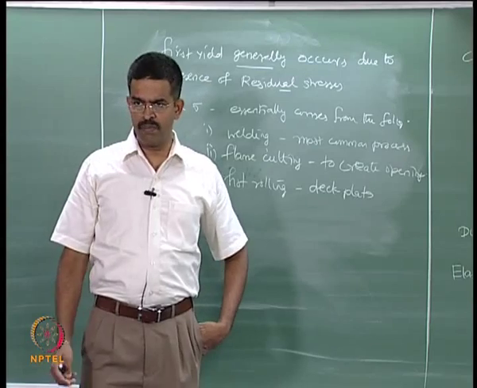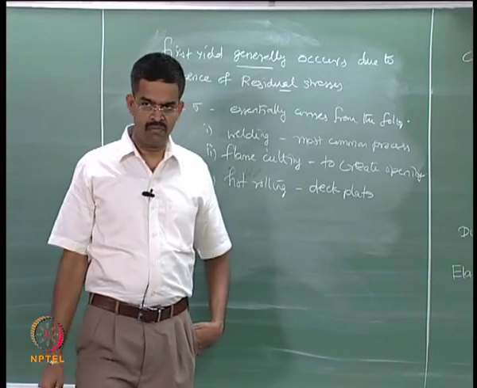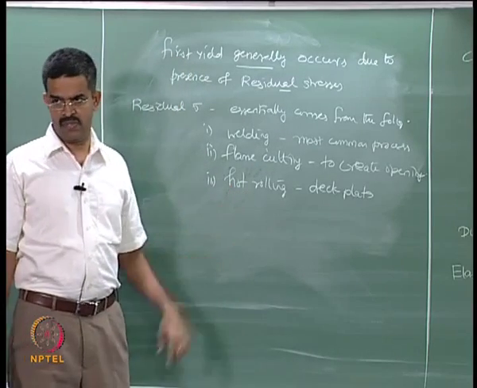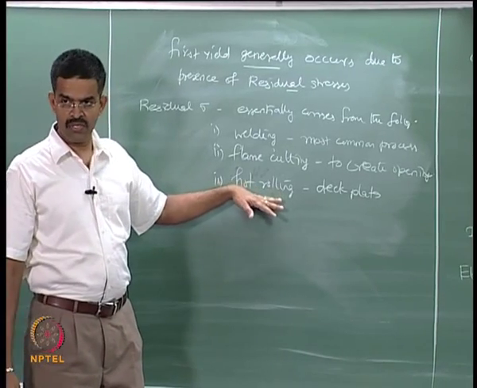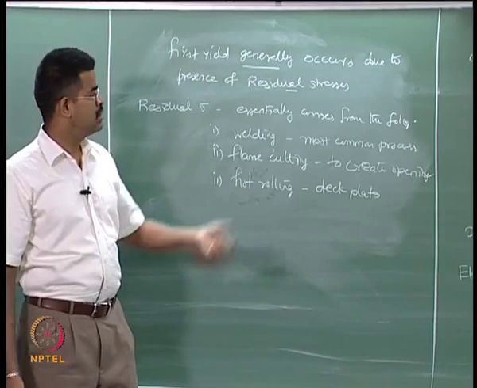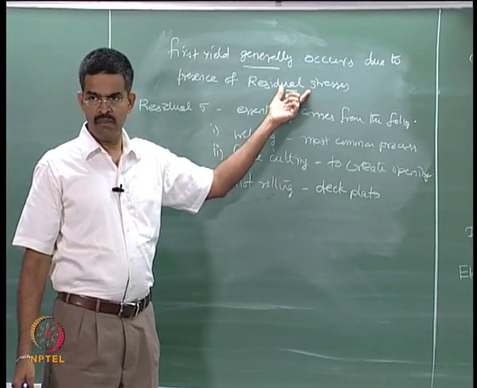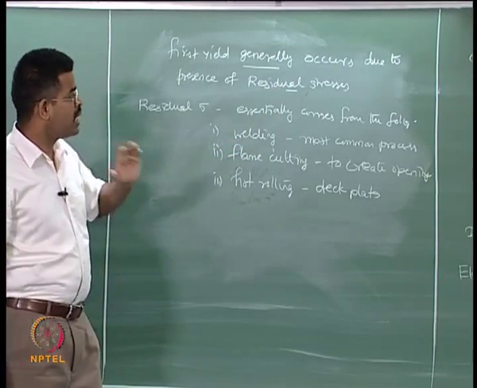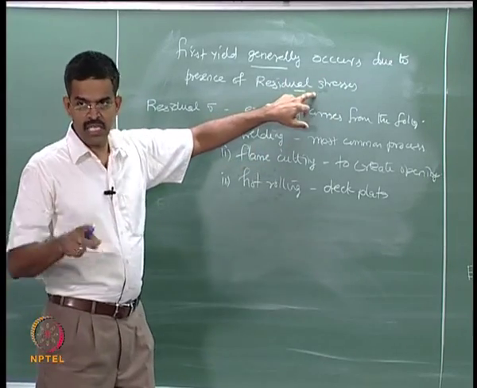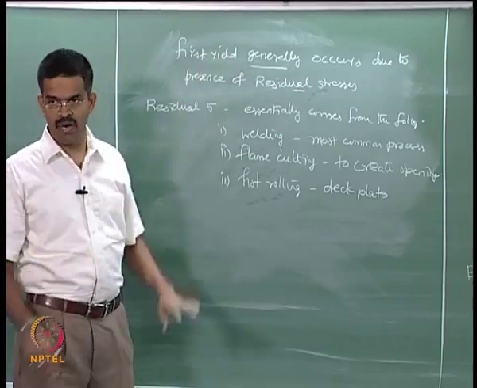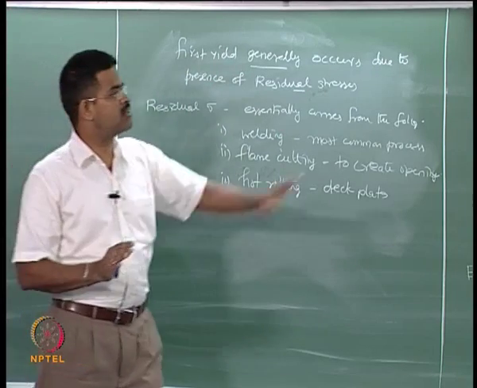So, they cannot be simply manufactured without a hot rolling process. This is a manufacturing methodology. This manufacturing methodology will set residual stresses in the material. Once residual stresses are present in the material, it will always initiate the first yield point, which is not actually because of loading.